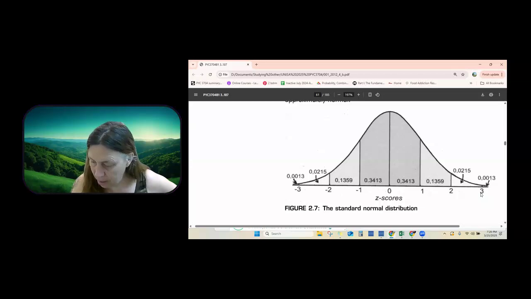So the area underneath the standard normal curve can be calculated. This number is an area.